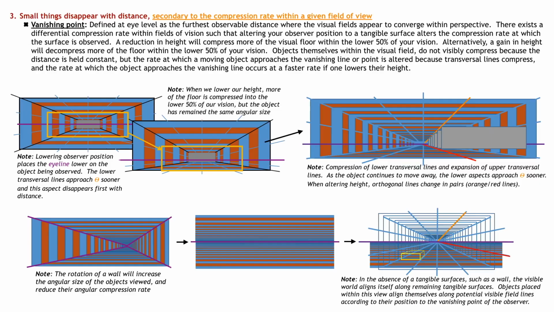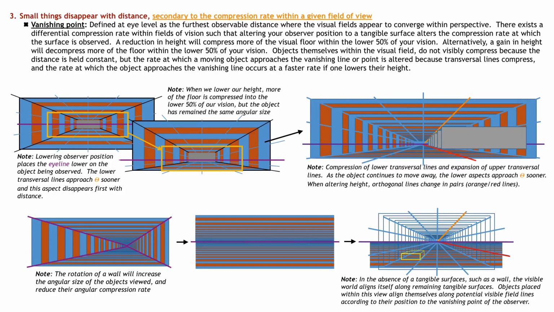So the first one is that small things disappear secondary to the compression rate within a given field of view, and the ability to make that angle smaller with which we see the world. So the first concept within that compression rate is going to be the vanishing point. Again, the vanishing point is defined at eye level as the furthest observable distance where the visual field appears to converge within perspective.